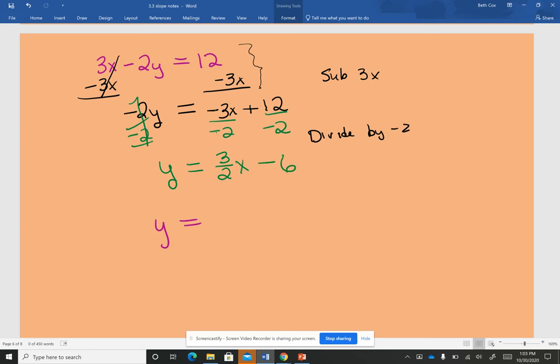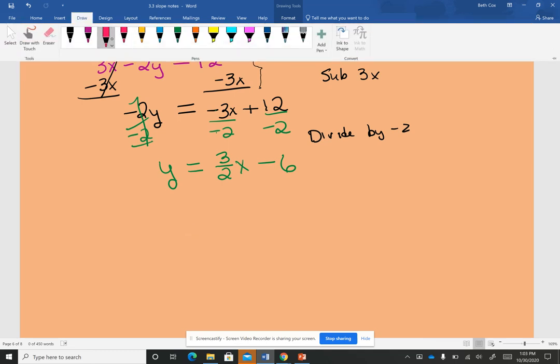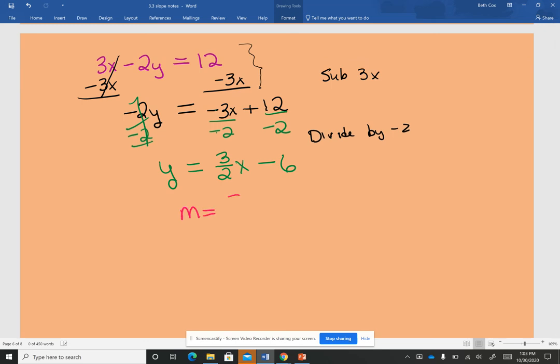And so I'm getting y equals 3 over 2x minus 6, and therefore my slope is 3 over 2, and my y-intercept, that's the y-intercept, is negative 6, that is (0, -6). If I put a 0 in for x, I'm automatically going to get the negative 6. Okay? And so that's why that's the y-intercept.